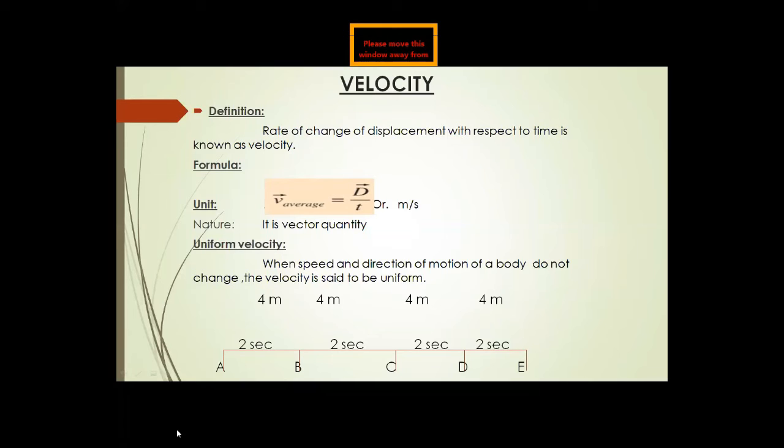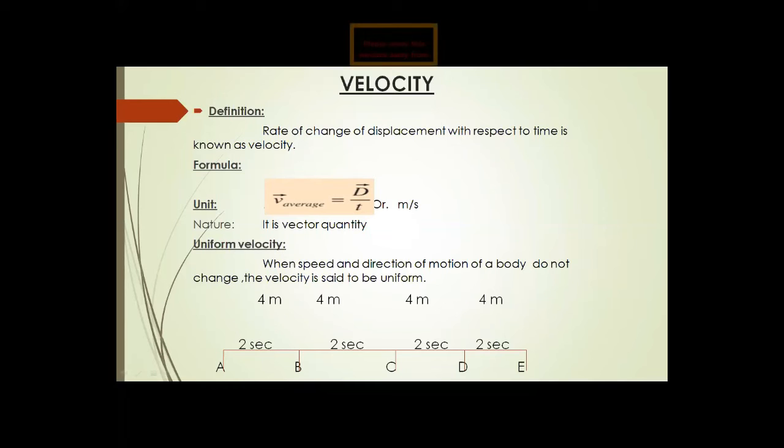It means that equal displacement covered in equal intervals of time, then we can say that is the uniform velocity.